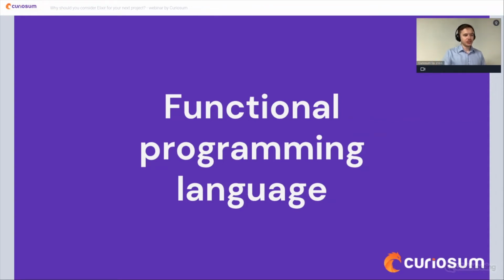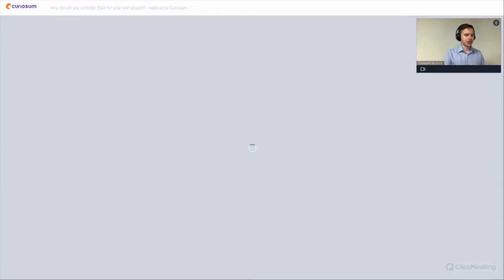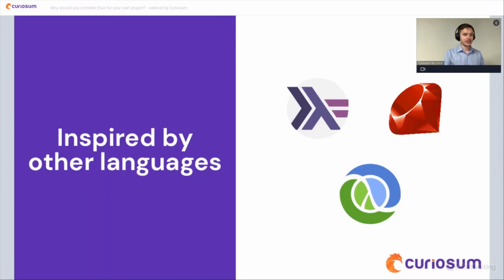Elixir is a functional programming language, and it's inspired, as I said, by other languages, by Ruby. However, don't feel like this language is very similar to Ruby. It's not like that, and for sure it doesn't work under the hood the same way.